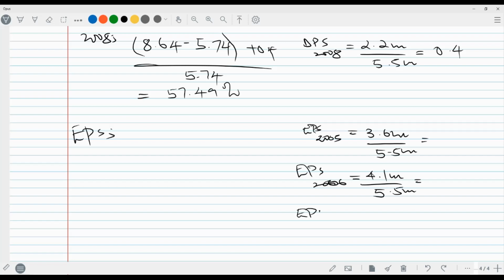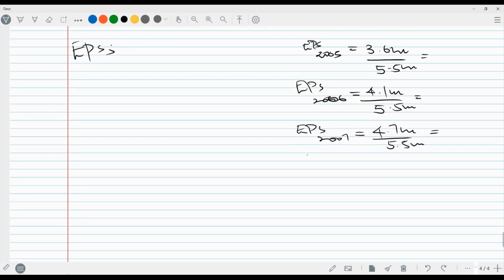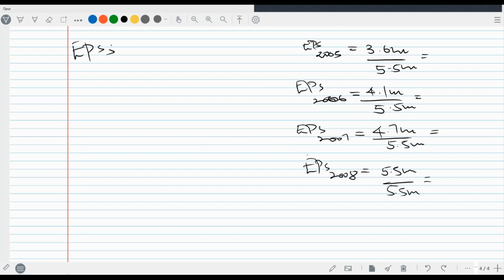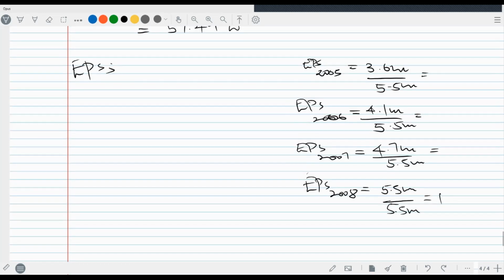Earnings per share 2007 is equal to 4.7 divided by 5.5 million, and then you have earnings per share 2008 equals 5.5 divided by 5.5 and get 1.